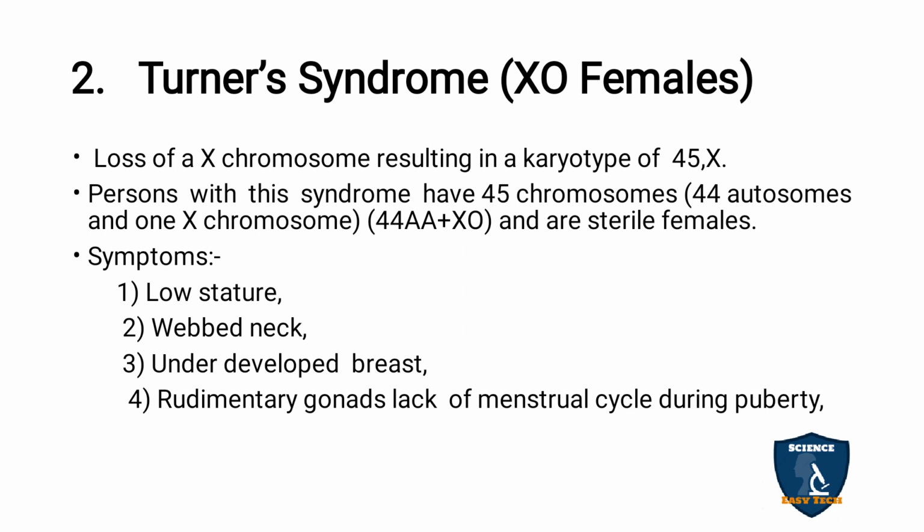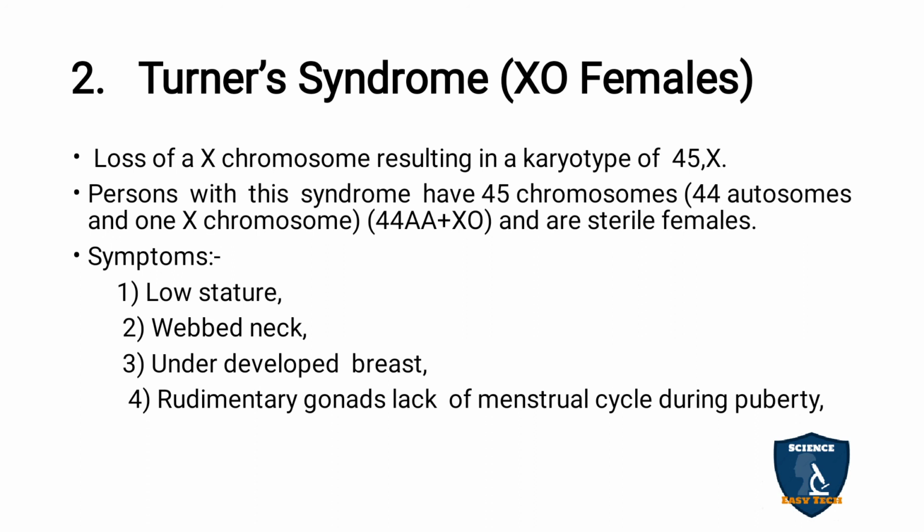Symptoms are low stature, that is, they look too short. Webbed neck. You know, webs are seen in the frog's hind limbs for jumping. The neck is too contracted and has webs.